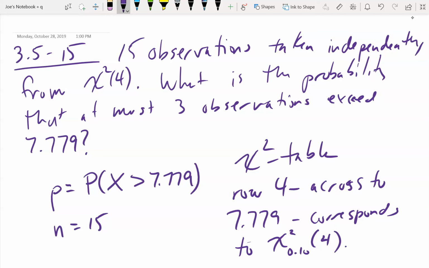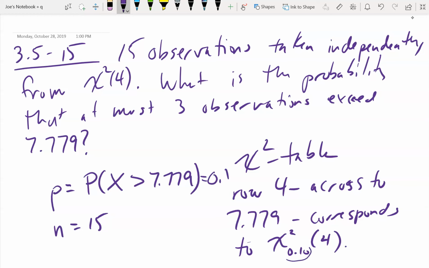So remember the subscript and the probabilities were complements of each other, right? In the table, the value corresponds to the percentile, so you need the percentiles at the top. I know it's been a few days, we've slumped since then. But the values at the top were the probabilities, and the subscripts were the complements. It was the probability of being greater than that value, right? So that 0.10 actually corresponds to this probability.